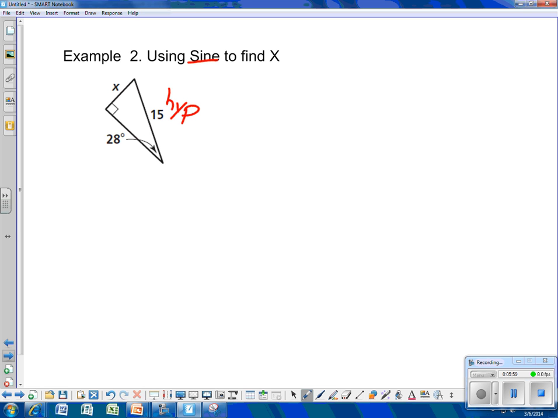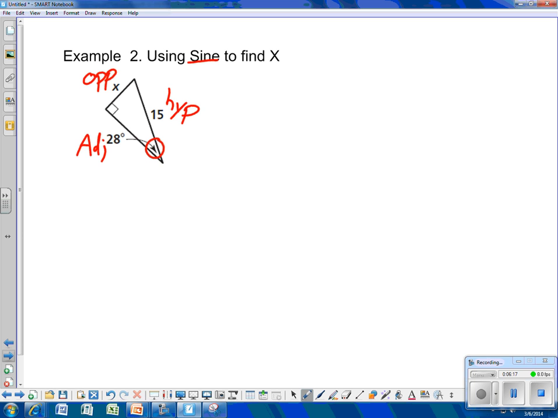We're also given the opposite of this angle, 28, right? Opposite is across from the angle 28. This is the adjacent side. The 28 goes where that arrow is pointing. So we have the hypotenuse, we have the opposite side.